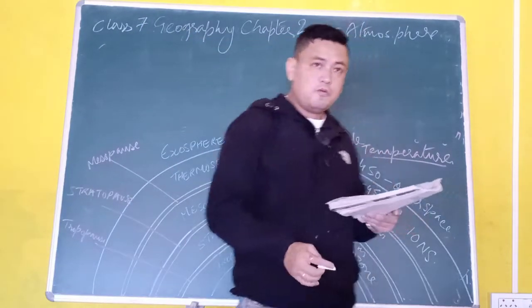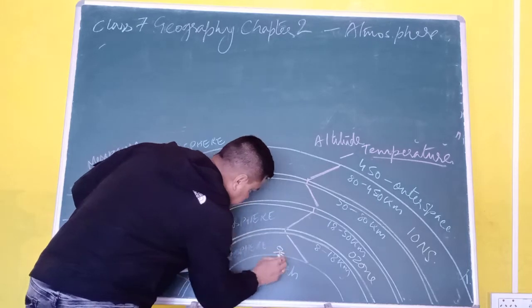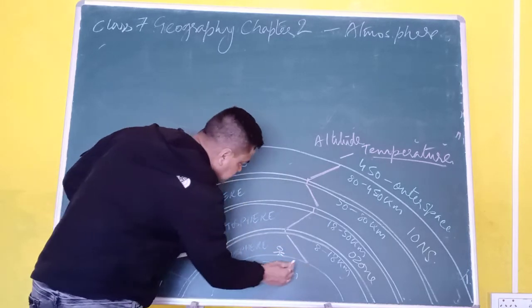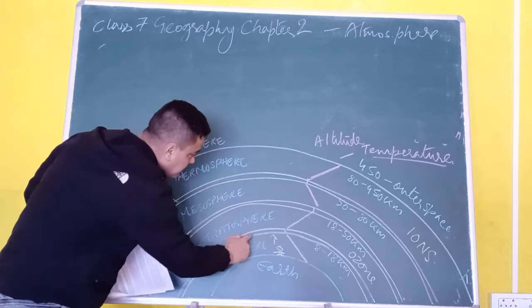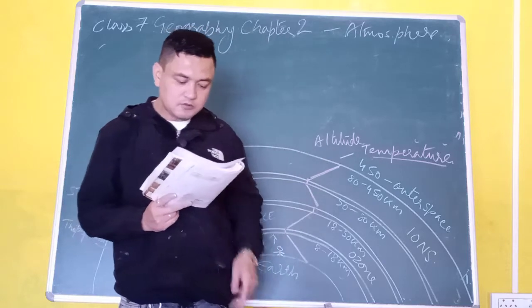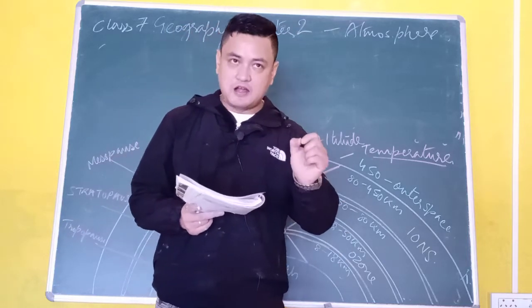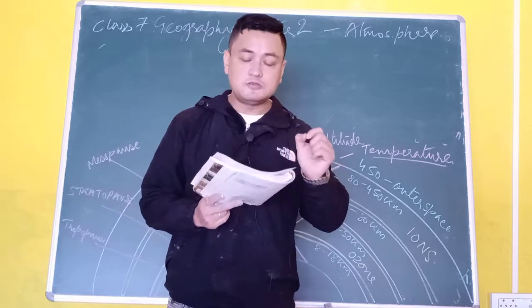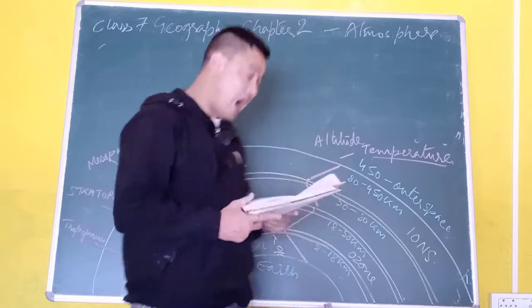As you know, if you are standing here on the surface of the earth, and as you move upwards to the upper layers of the troposphere, what happens? Not only the pressure of the air decreases, but also the temperature decreases or increases with height.